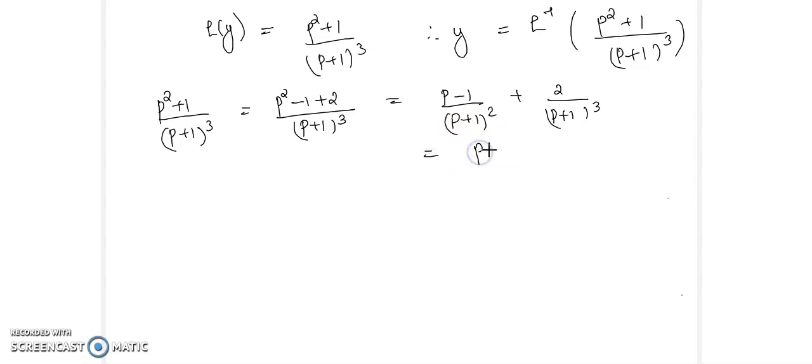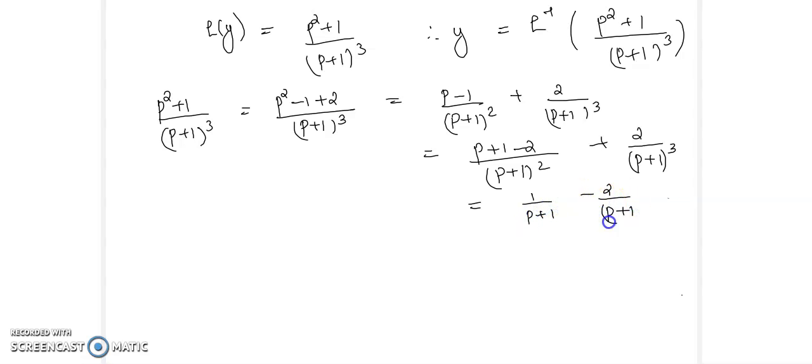And again if you take p plus 1 minus 2 by (p plus 1) whole square plus 2 by (p plus 1) whole cube. So that will be 1 by (p plus 1) minus 2 by (p plus 1) whole square plus 2 by (p plus 1) whole cube.